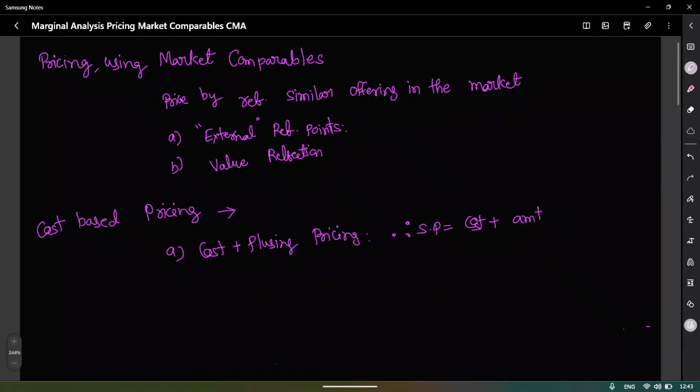Cost-based pricing involves the management setting the selling price by determining the total cost involved in producing a product or preparing a product or service for sale, and then adding a margin, or a marginal value, to the cost.